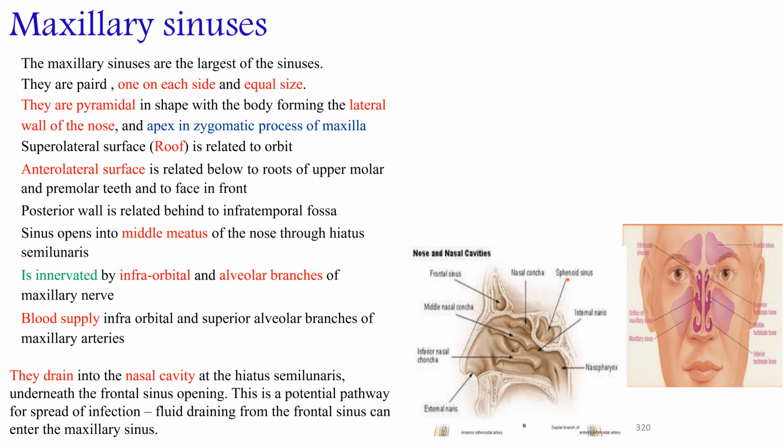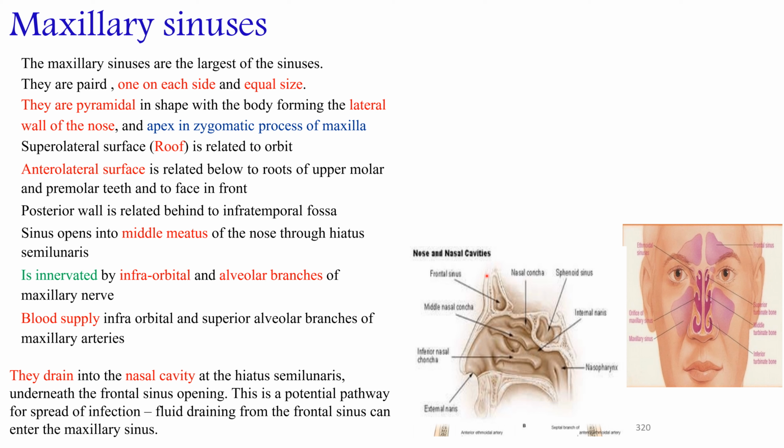The maxillary sinus drains its secretion through the hiatus semilunaris underneath the frontal sinus opening, and this is a potential pathway for spreading infection. Fluid draining from the frontal sinus can enter the maxillary sinus.